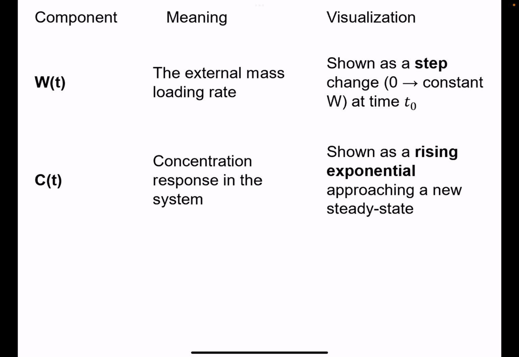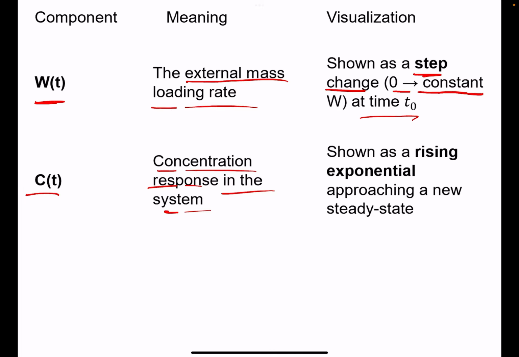Let's just summarize the meaning of W(t). It means the external mass loading rate. C(t) is the concentration response in the system, inside the CSTR, inside the Kuwait Bay. And W(t), if you want to visualize it, is shown as a step change, 0 to a higher value of W, but later on it's going to be constant from time equal to naught.